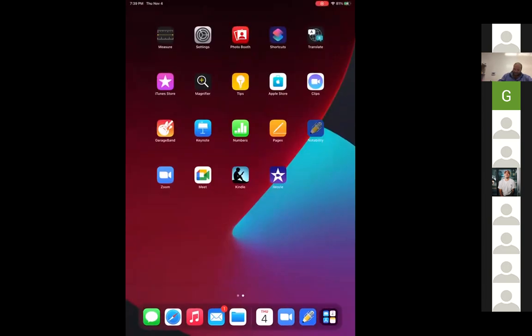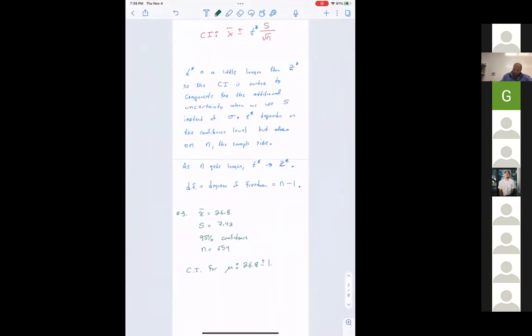So my T star here is going to be 1.984. My S is 7.42. And then I have the square root of 654. And when I do that, what do I get? From where to where?